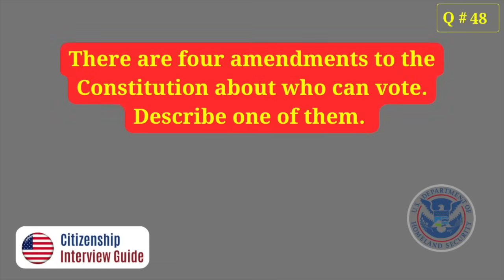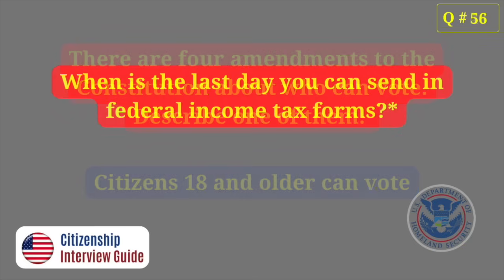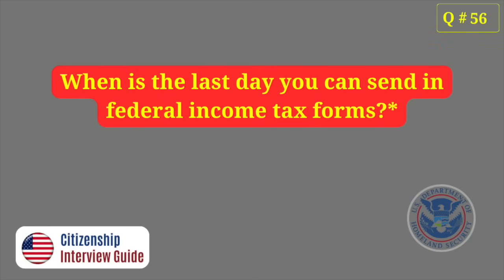There are 4 amendments to the Constitution about who can vote. Describe one of them. Citizens 18 and older can vote. When is the last day you can send in federal income tax forms?